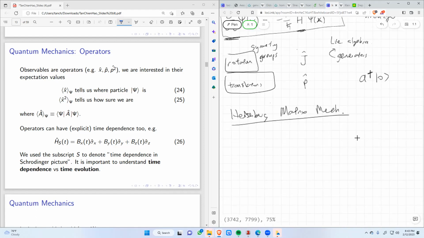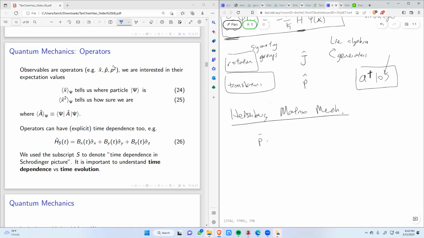But in Heisenberg matrix mechanics, the information of the quantum system, instead of being encoded in the states, is encoded in the operators, for example the momentum operator or the translation operator. And these operators are the ones that, using things like commutation relations, we actually need to do computations on.